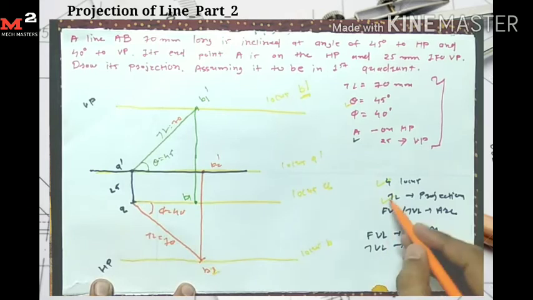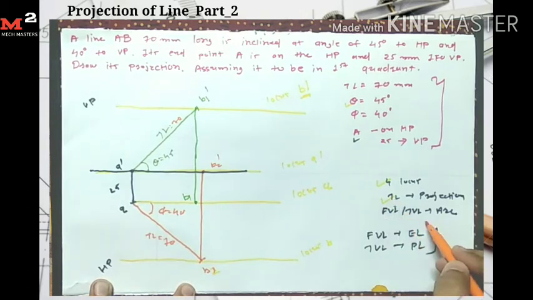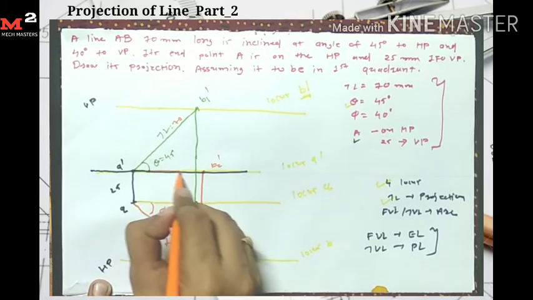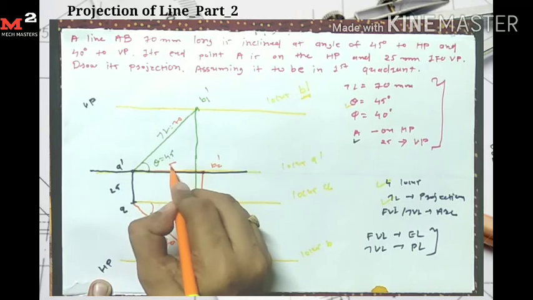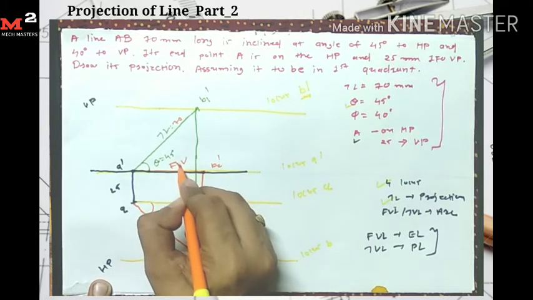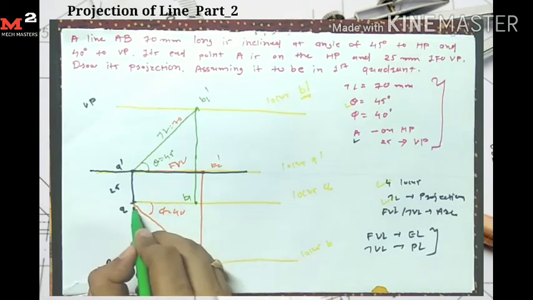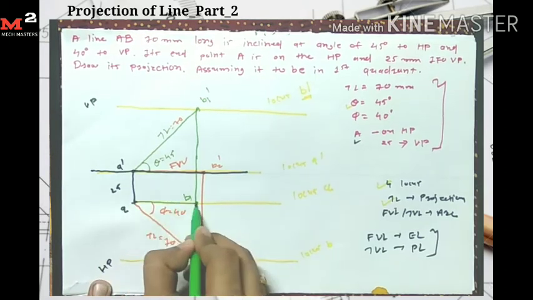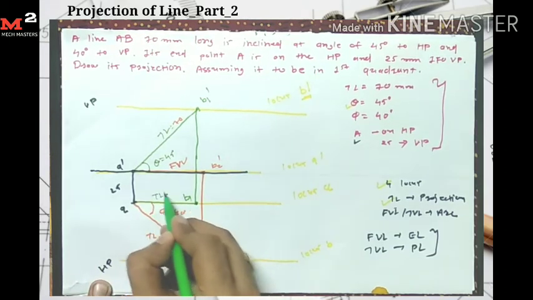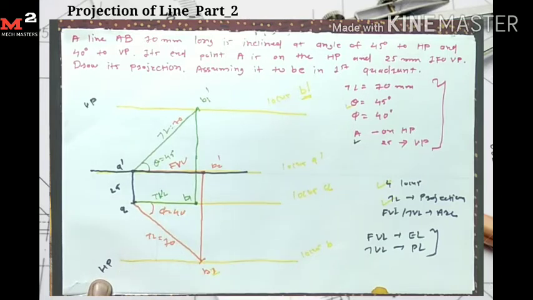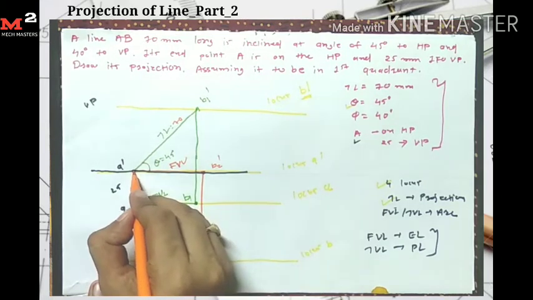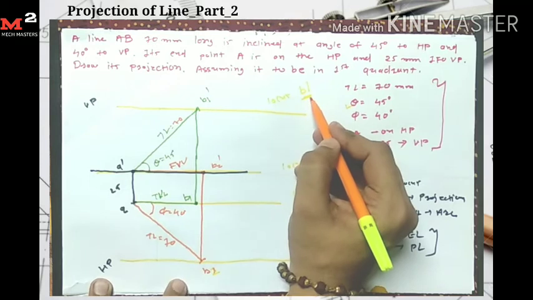Now I get the true length. From the front view and top view lengths I draw the arc. This line A dash B2 is my front view length, and this line A B1 is my top view length. From the A dash point, to get the B dash point, I have two conditions.